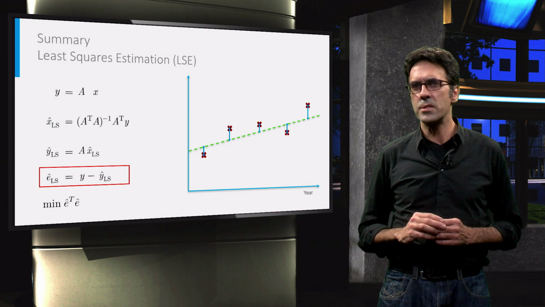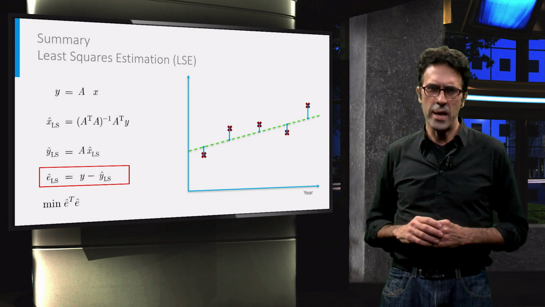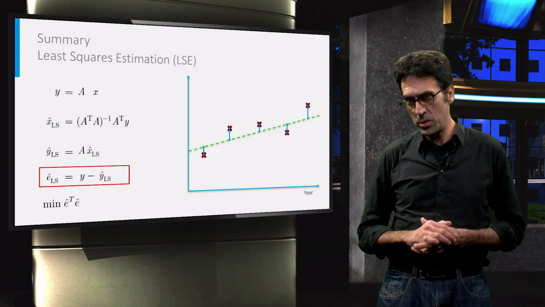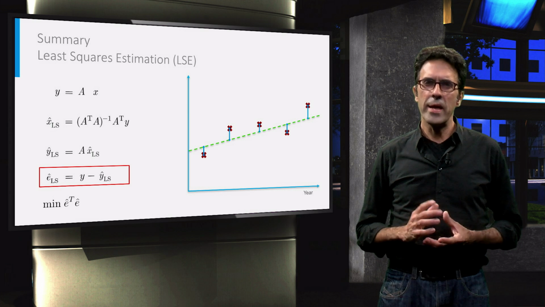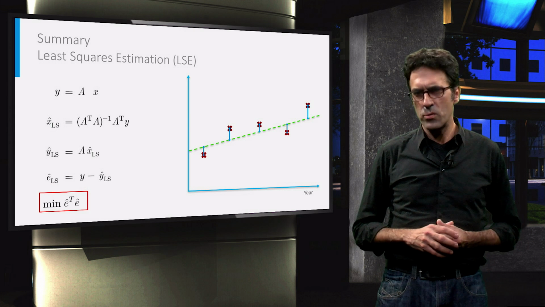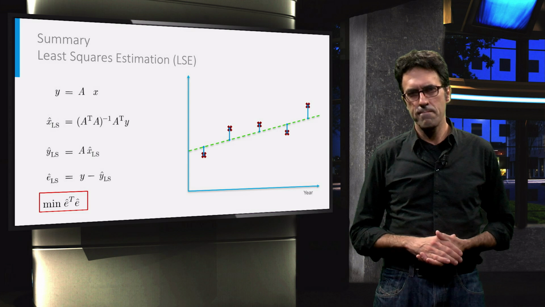These differences, or the residuals, are indicated by the little vertical blue lines, and we call these the least squares estimates of residuals, or e hat. Mathematically, we obtain this solution by minimizing the sum of the squared residuals, which then yields the least squares estimate.